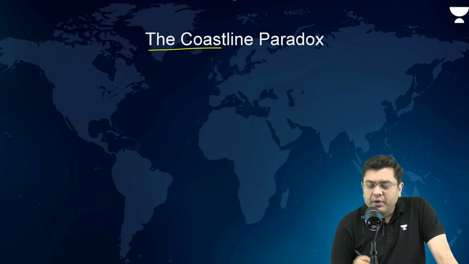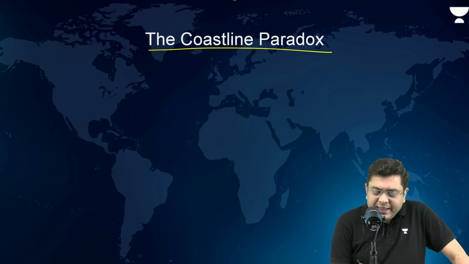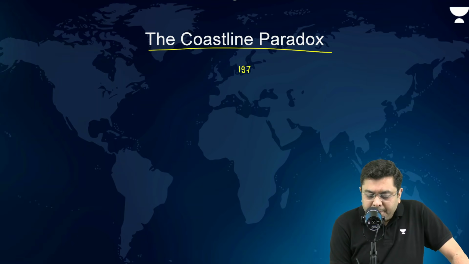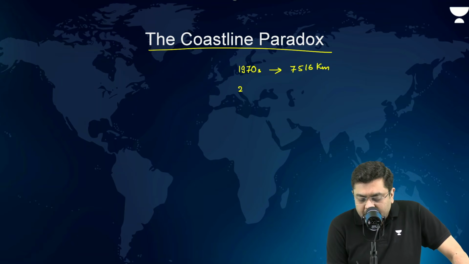Now, this exposes what is known as the coastline paradox. What is this coastline paradox? Now, you see, in the 1970s, the measurement was close to around 7,500 kilometers, isn't it? Today, the newer measurements have indicated it is 11,098 kilometers.